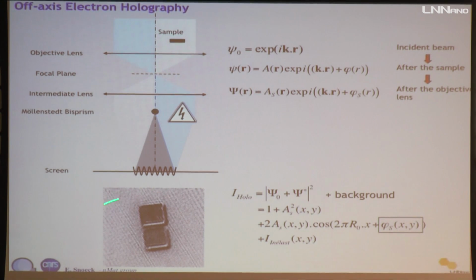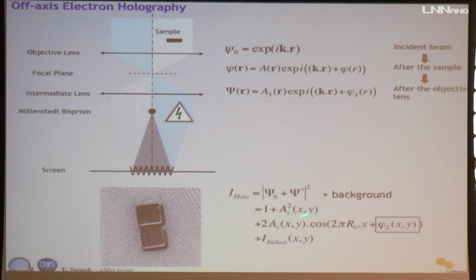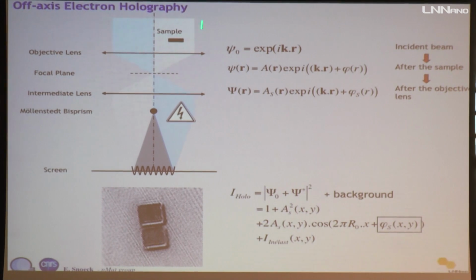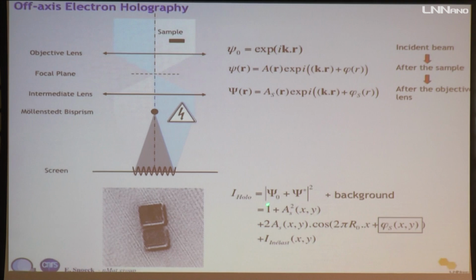Okay, and then if you make the calculation of the intensity of this electron hologram, it corresponds to the sum of this reference wave, which passed in the vacuum, plus the wave which has been phase shifted after interaction, plus some background, squared.